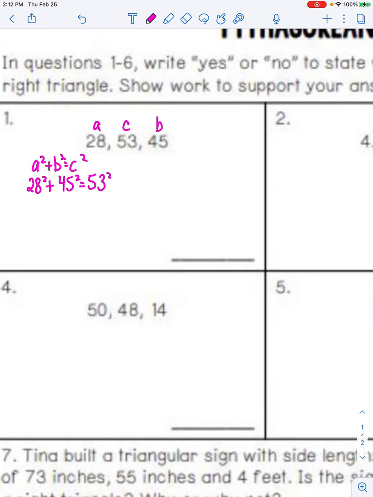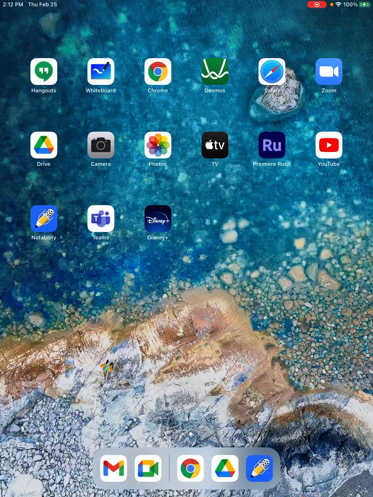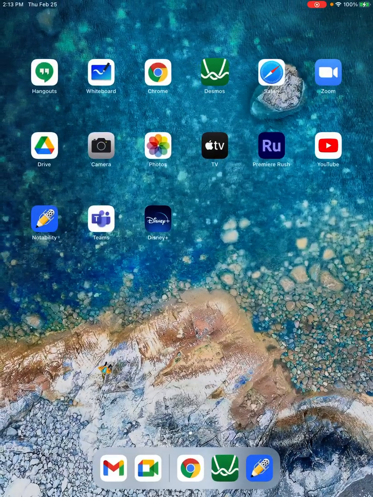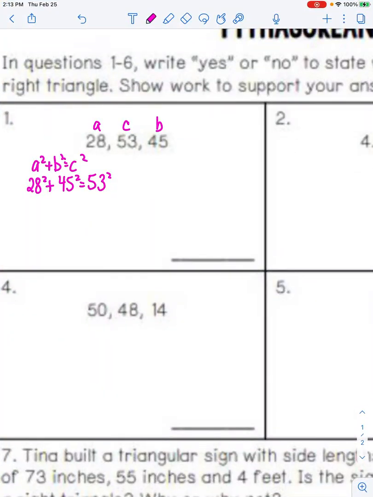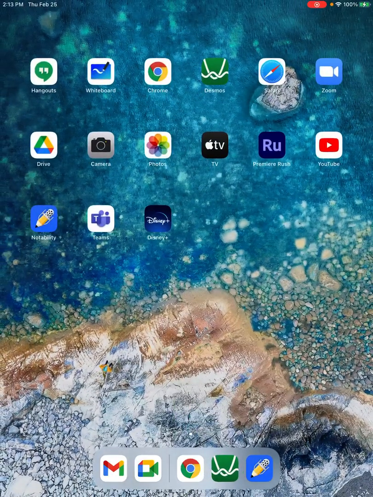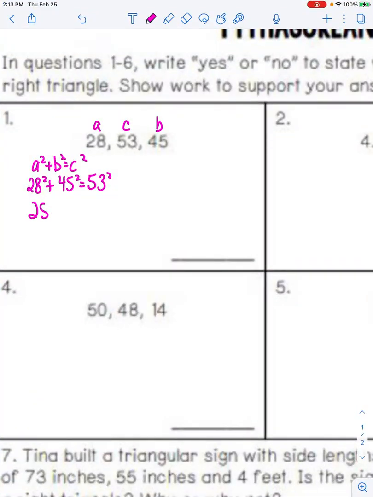And you know, I type that into Desmos. I'll actually show you a couple of these, and then the others I will do off screen. So 28 squared plus 45 squared gives you 2,809.